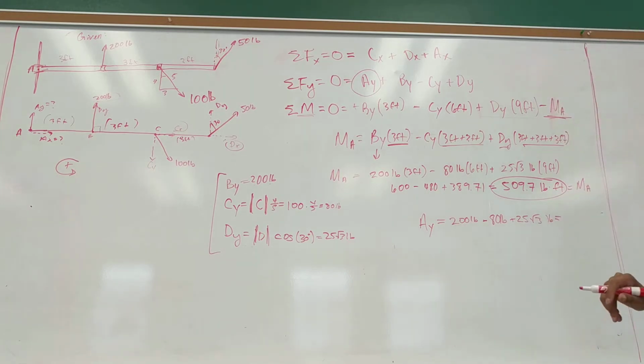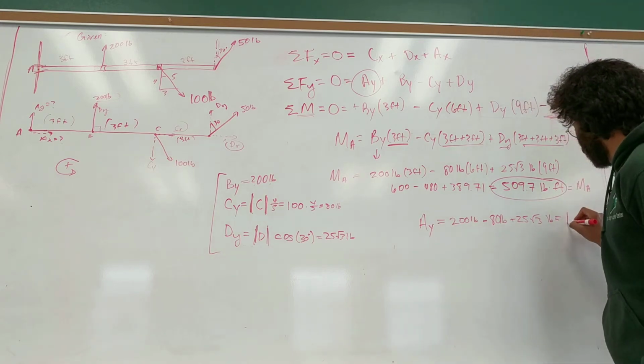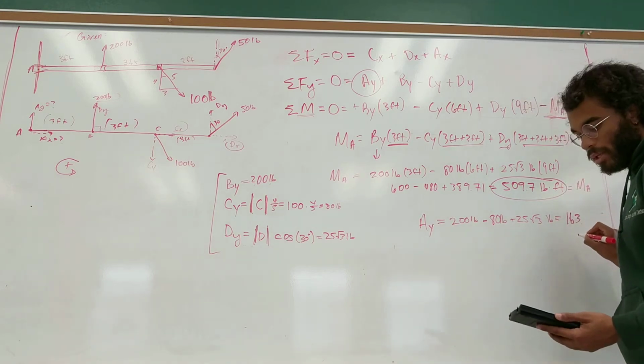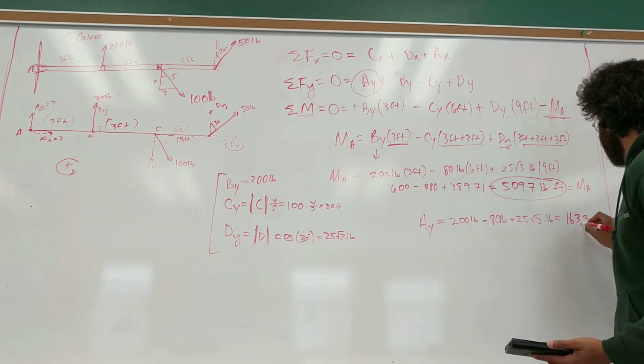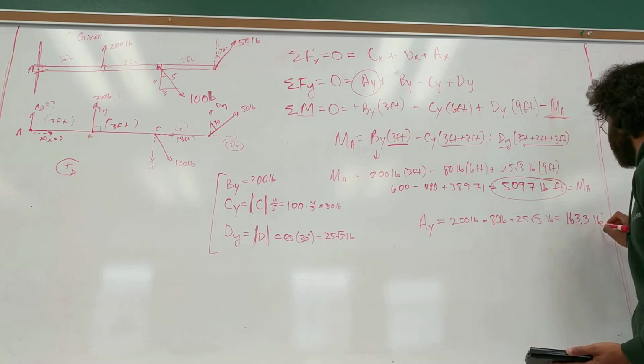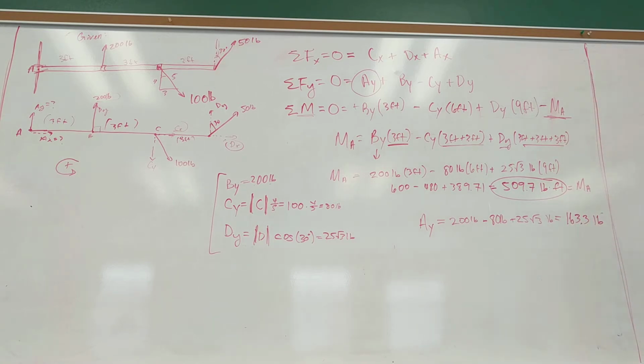That will give us 200 minus 80 plus 25 times root 3. And we will get 163.3, and that will be in pounds, right?